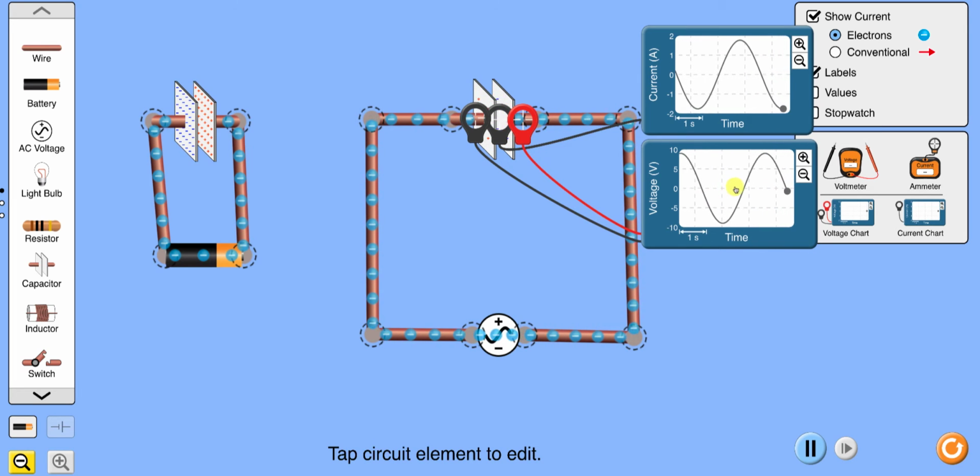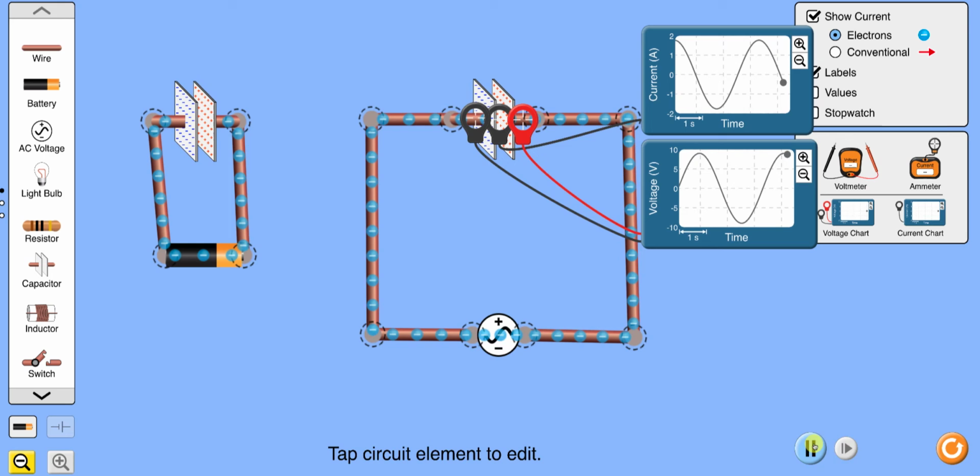If you remember in the ACR circuit, we had the current and the potential difference reaching the maximum, the minimum, and the zeros at the same moment in time. This is no longer true in an ACC circuit. The current and the potential difference across the capacitor behave in a different way. When I have the maximum in the current, I do not have a maximum in the potential difference.